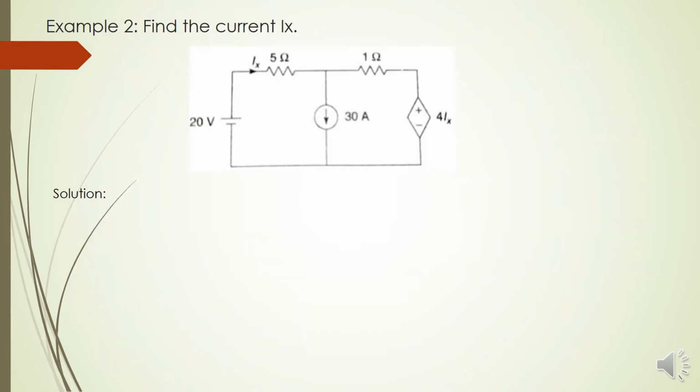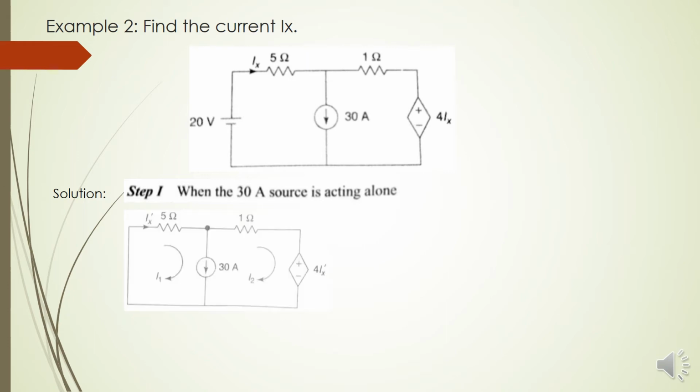Next numerical, if a dependent source exists in the numerical, the process will be the same. Step 1, when this 30 ampere current source is acting alone, the 20 volt source is short circuit and the dependent voltage source will exist in the circuit.